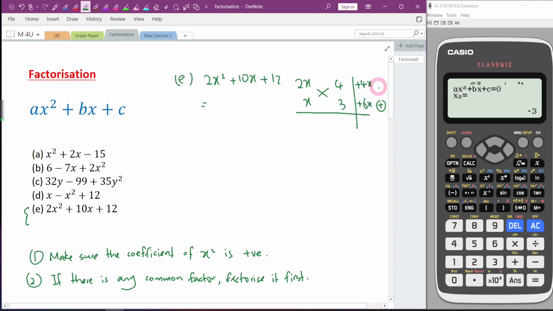So positive 4x plus positive 6x will be equal to positive 10x, correct? So this positive copy, this positive copy. Double check again. 2x times x, 2x squared, okay, correct. Positive 4 times positive 3, positive 12, correct. These two add up together give us positive 10x. Now, this combination is correct.